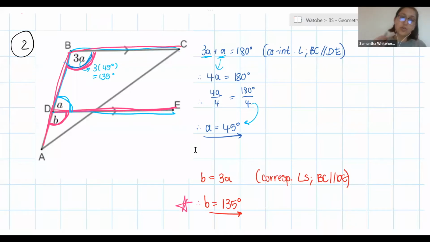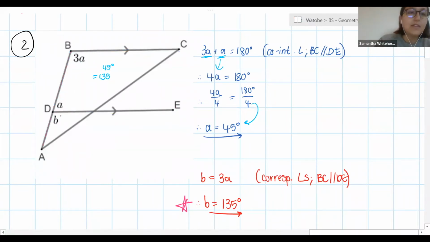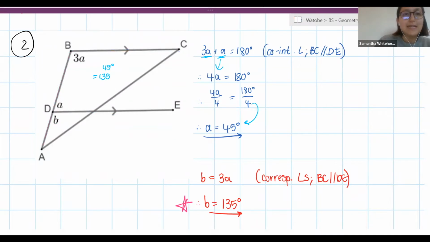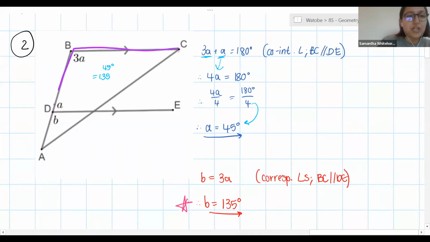Okay, so there are two ways you can get B. What I'm going to do is take all the scribbles off the diagram. Either what you see is that there's an F shape here as well, which means that angle B and angle 3A are the same thing. So that's what I've used here.